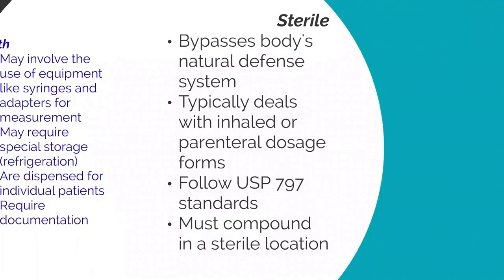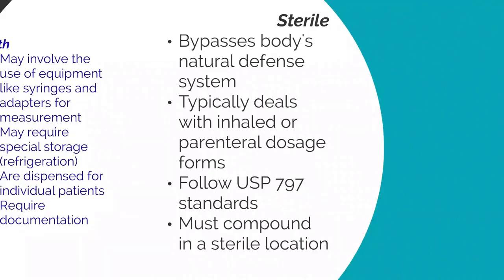On the contrary, sterile bypasses the body's natural defense mechanism because it's being injected straight into the blood a lot of times, or being put in the eye, or something that doesn't allow for the body to screen for all of those microorganisms. It typically deals with inhaled or parenteral dosage forms, so also the lungs.